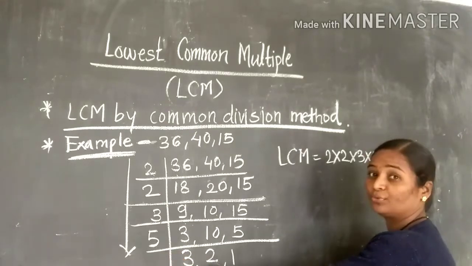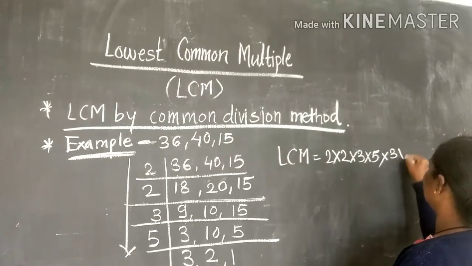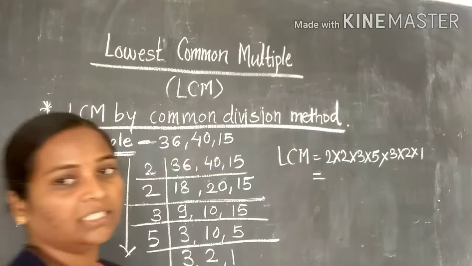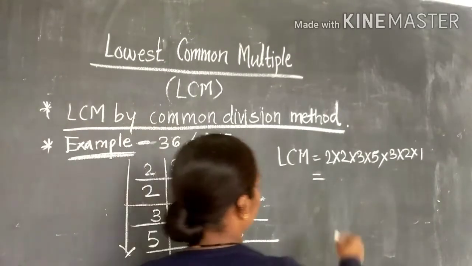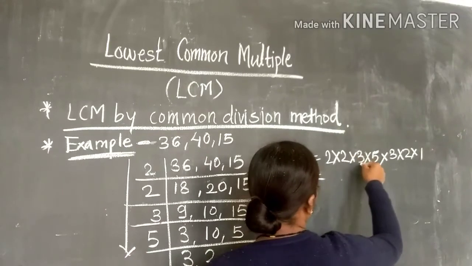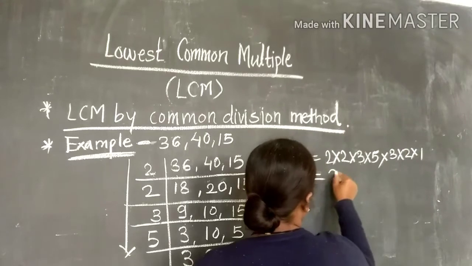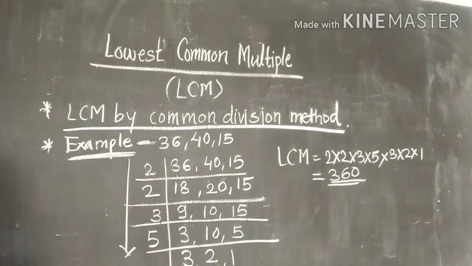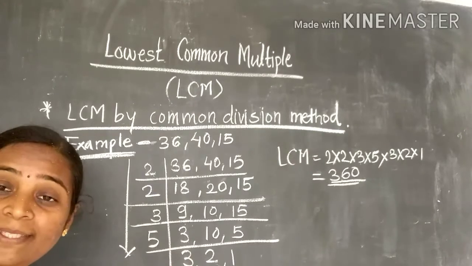Next you have to write the undivided numbers, that is 3, 2 and 1. Now you have to make the product of these numbers and write the answer. What will be the product? 2 2s are 4, 4 3s are 12, 12 5s are 60. Yes, correct. It is 360. You do it, then you will get this answer. The product is 360. In this way, student, you can do the LCM.